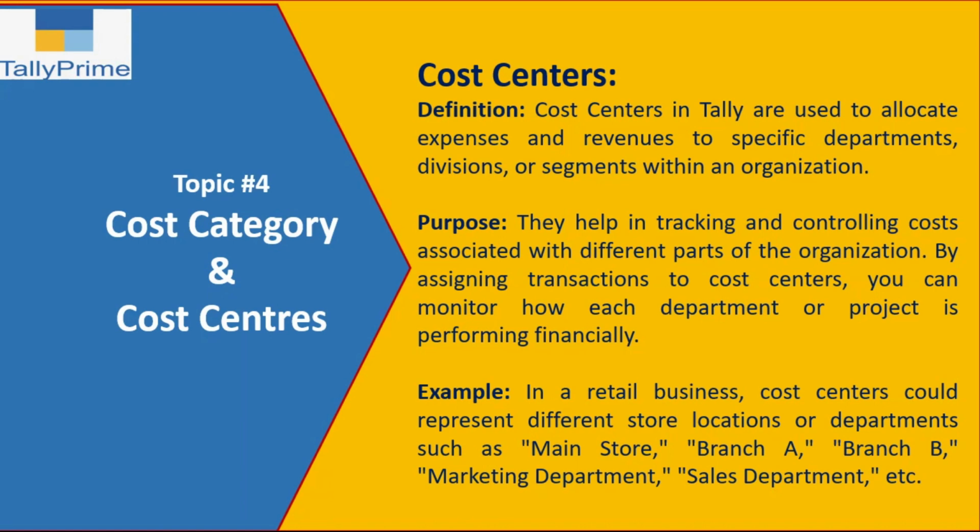For example, one organization has spent some amount on advertisement charges. They have spent on different types of advertisements, but the transaction they wrote is advertisement charges account debit to cash. But the advertisement charges were spent in different modes, like online, digital marketing, newspaper, and local ads.